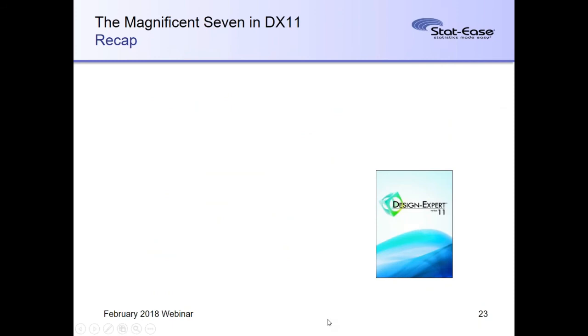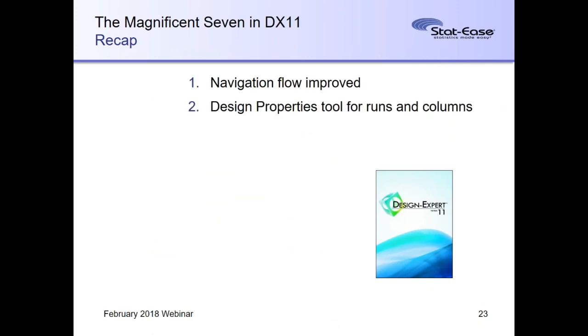So to recap, the navigation flow has been improved. The design properties is kind of part of that navigation and making the software a little bit more user-friendly and upfront for people. The curvature analysis portion of the software has been updated, I think really refined, so it's not quite so overwhelming to non-statisticians.